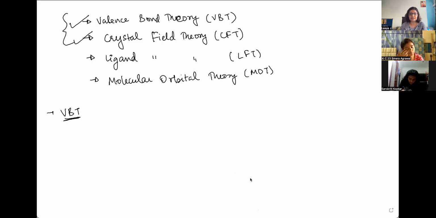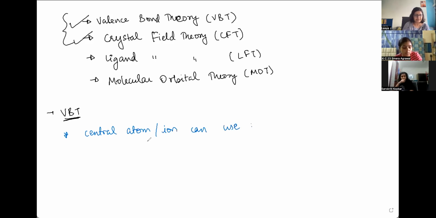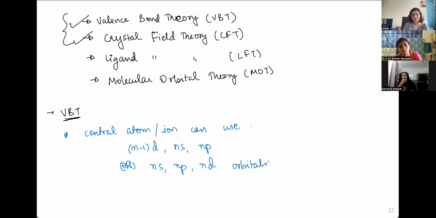According to this theory, the first point is that the central atom or ion will use either the n-1d, ns, and np orbitals, or the ns, np, and nd orbitals in the bonding.